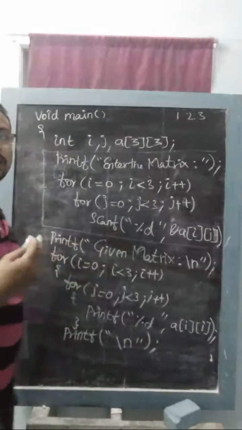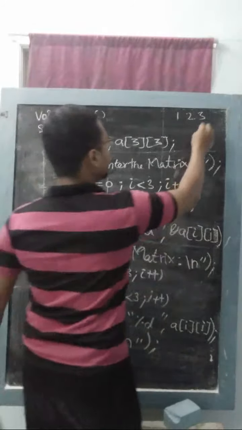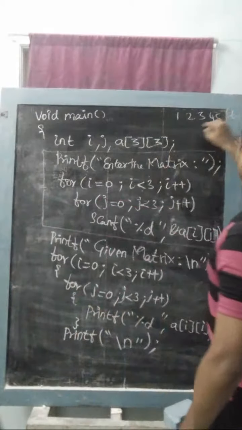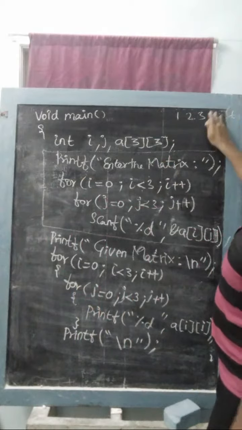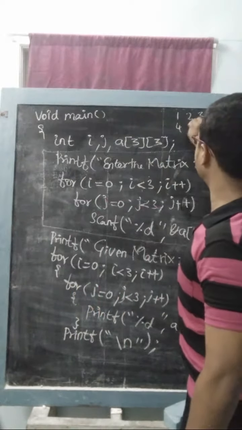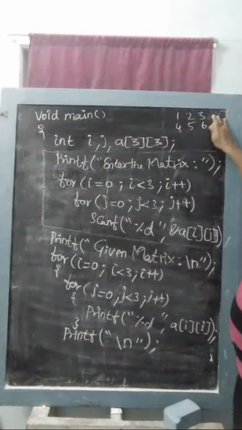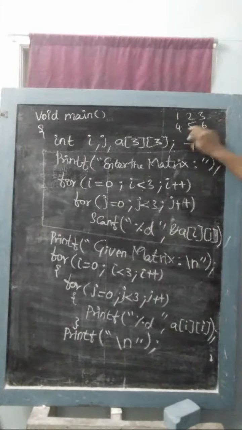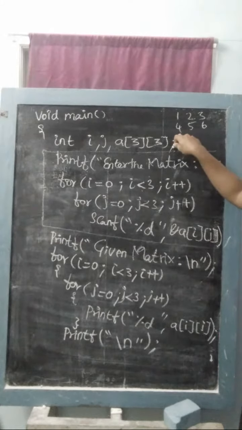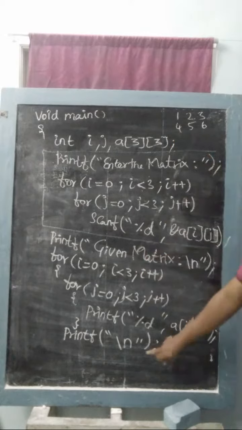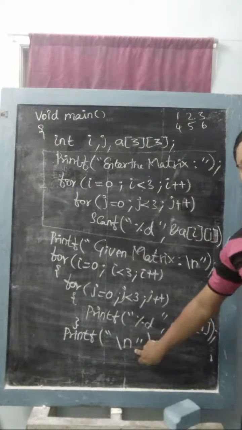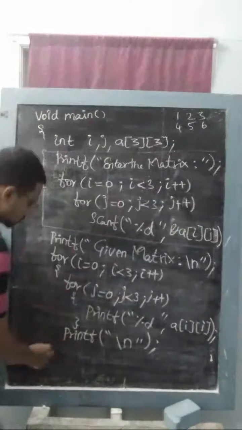If it is a 3 x 3 matrix, it should not be shown like 1, 2, 3, 4, 5, 6. So after 3, the next element should be in the next row, so we write /n here.